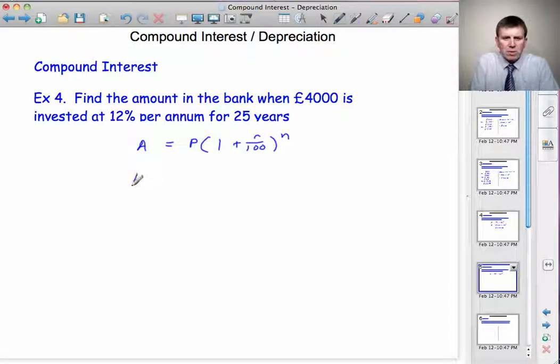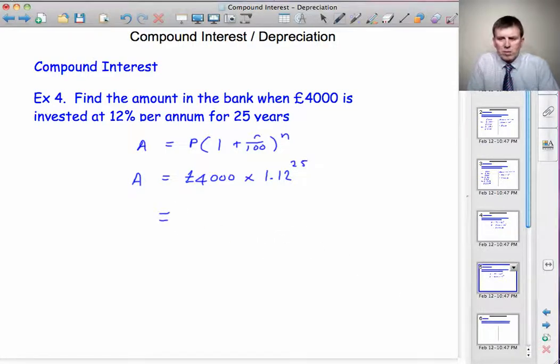So the amount that would be in the bank would be £4,000 multiplied by, now then, 12%, if we're adding on 12%, it's 1.12, which again, if you put the 12 in there, 1 plus 12 hundredths is 1.12. And this time it's to the power 25, leaving it in the bank for 25 years.